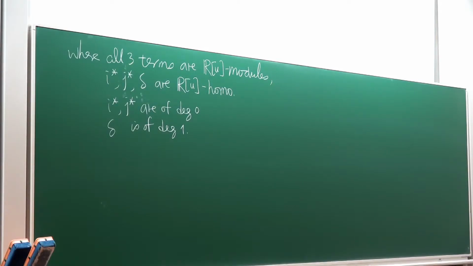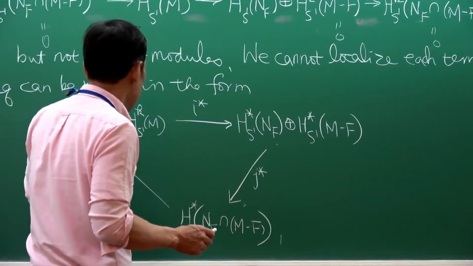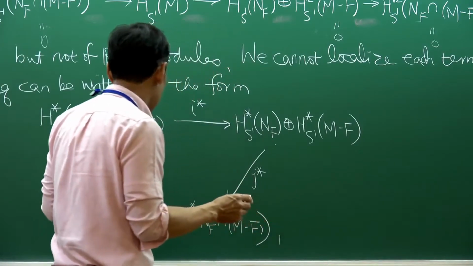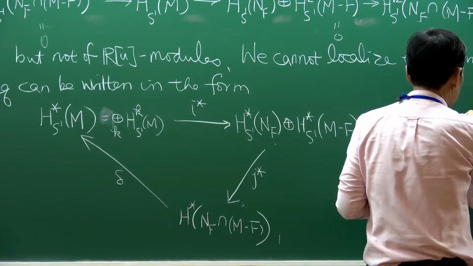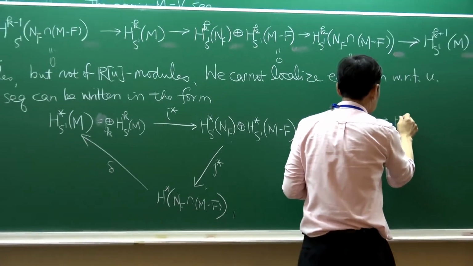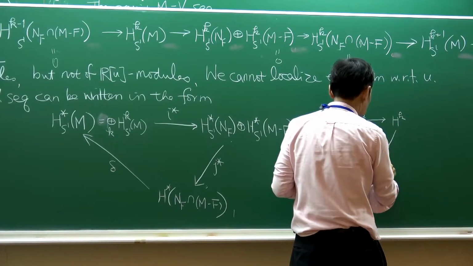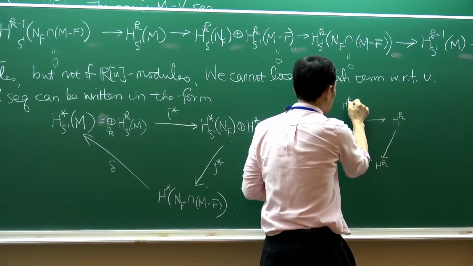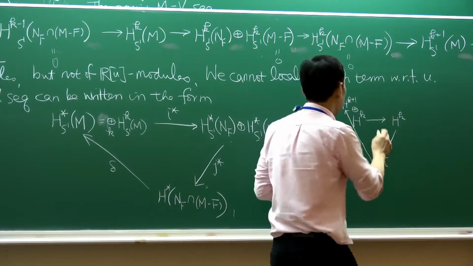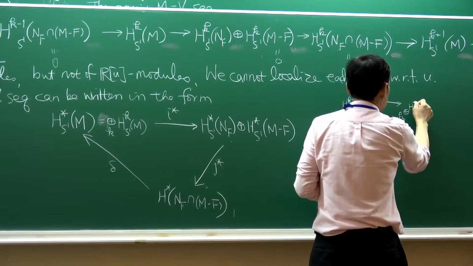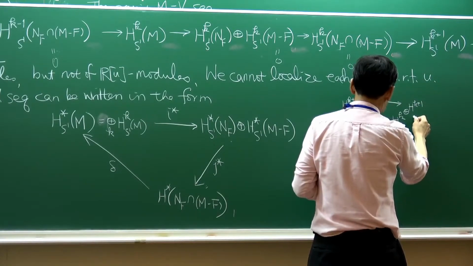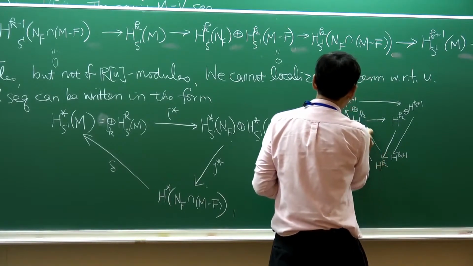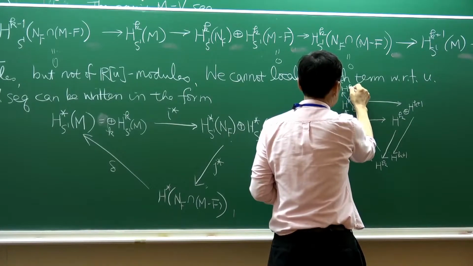So all that it means is that if you write out each term as a direct sum, then H^k here will go to H^k, and then this will go to H^k here, but then this one will go to H^(k+1). And then this goes to H^(k+1), and then this goes to H^(k+1), and then this will go to H^(k+2).